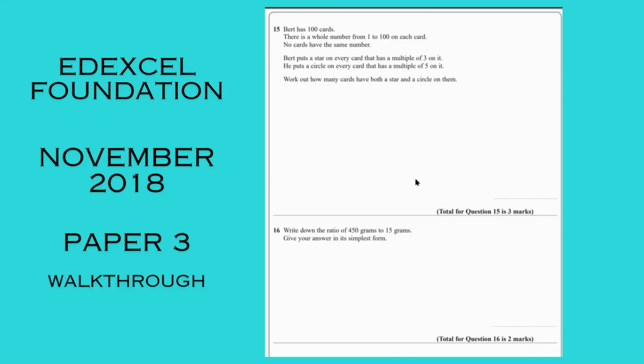Bert has 100 cards, whole numbers 1 to 100. No cards have the same number. If Bert puts a star on 3 and a circle on 5, that means every 15th card will go star, brilliant star, and circle.